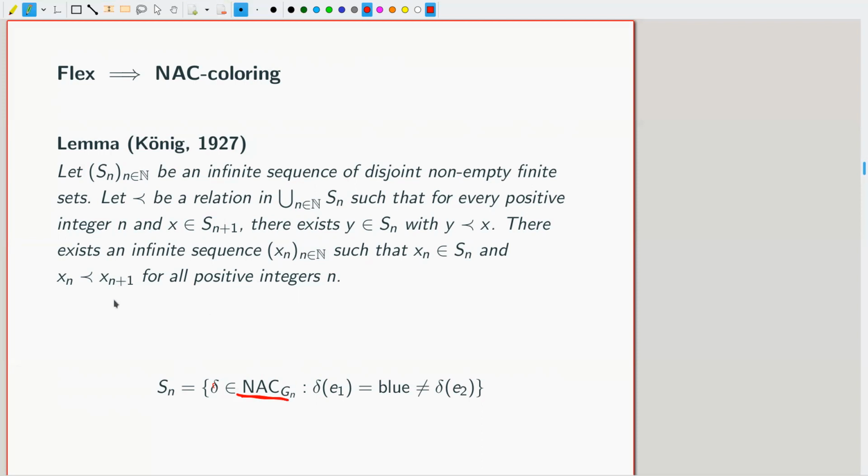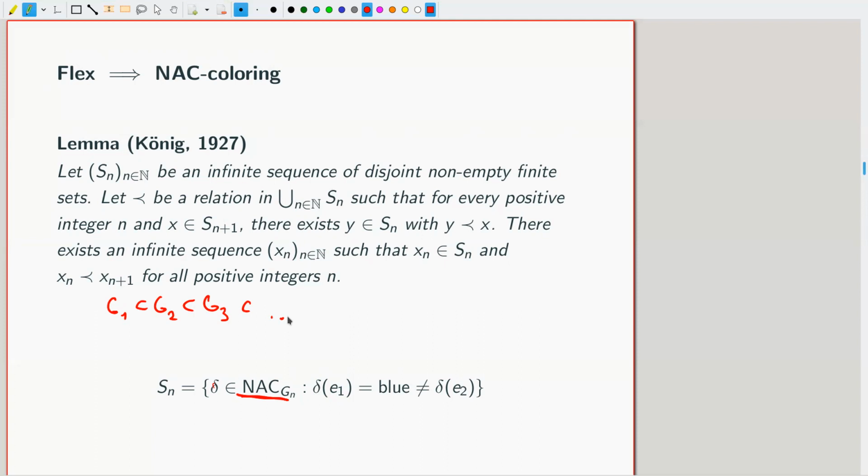I already mentioned that we want to reduce the problem to the finite case. So I take my infinite graph and I consider some tower of subgraphs. I take an infinite chain of subgraphs of my graph G, because I have a framework, so I have a graph G, and I want to take the tower in a way that consecutive elements are subgraphs.